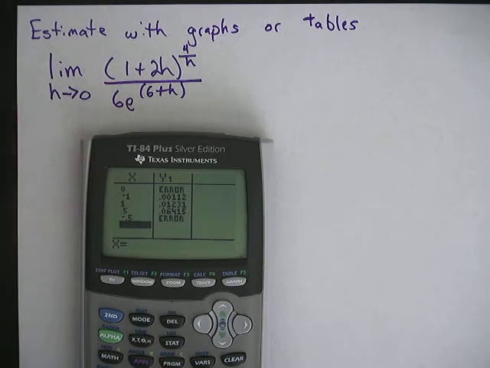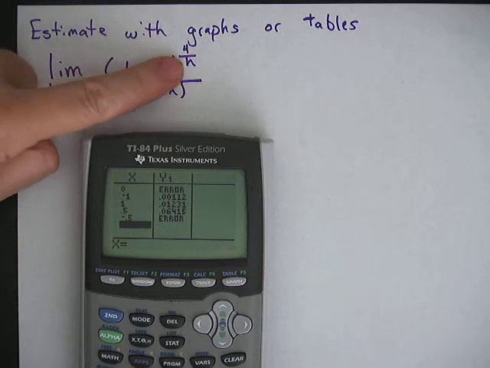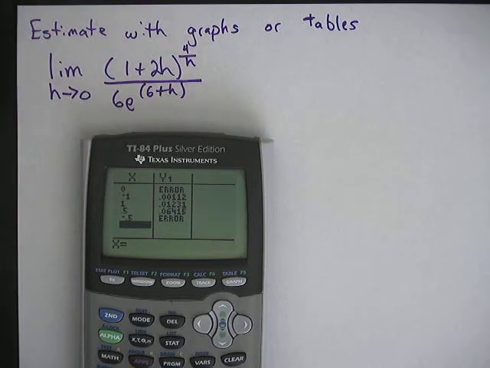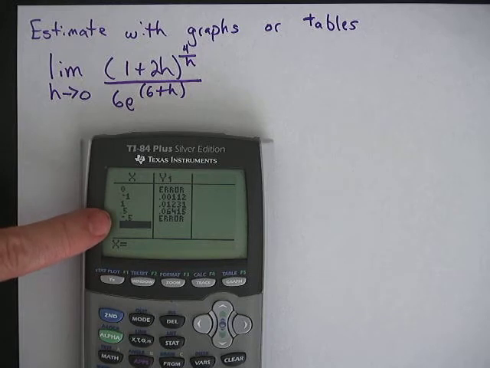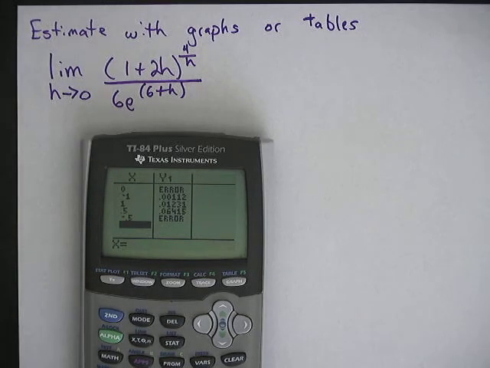Notice that we do get an error at 0. That's because you're going to be dividing by 0 right here on the 4 over h. And -0.5 gives an error too. That's probably just calculator error, honestly.